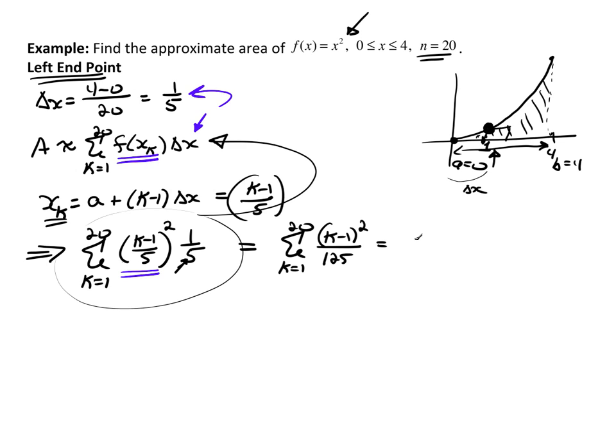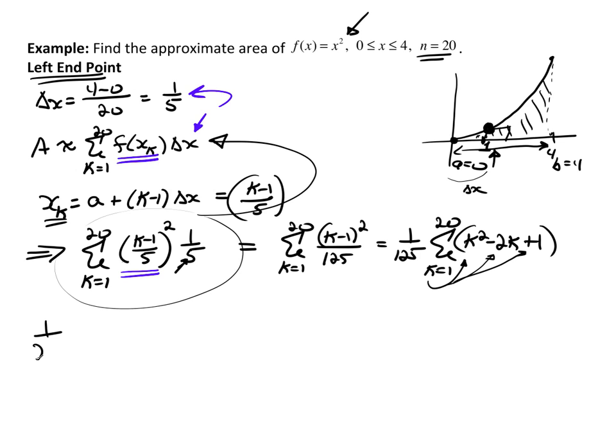Actually, I'm going to pull that constant out. The 125, I can pull that constant out of the sum, make it a little bit easier. The sum, k equals 1 to 20. Square this thing. This is going to be k squared minus 2k plus 1. Now what I'm going to do is take this summation sign and move it through.